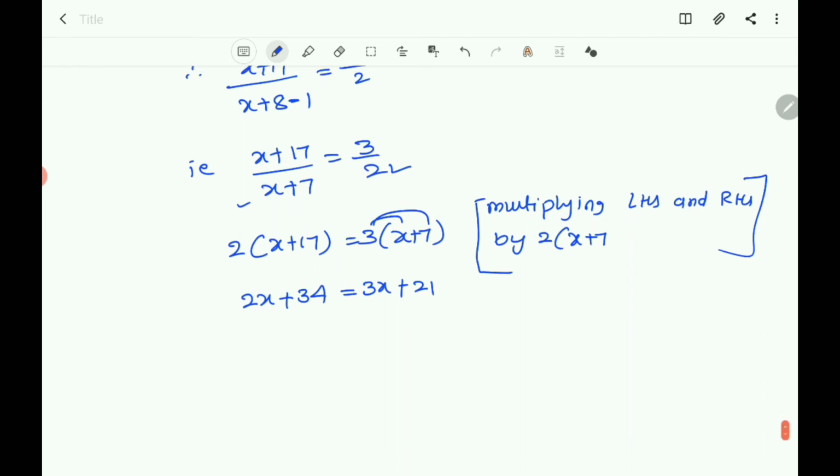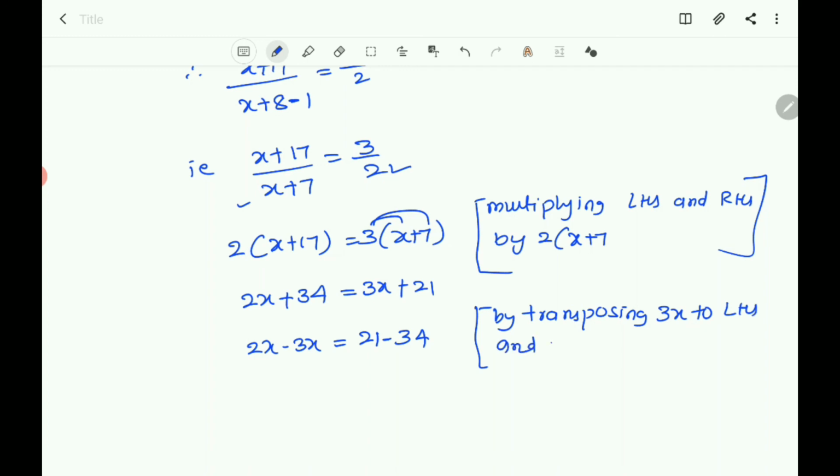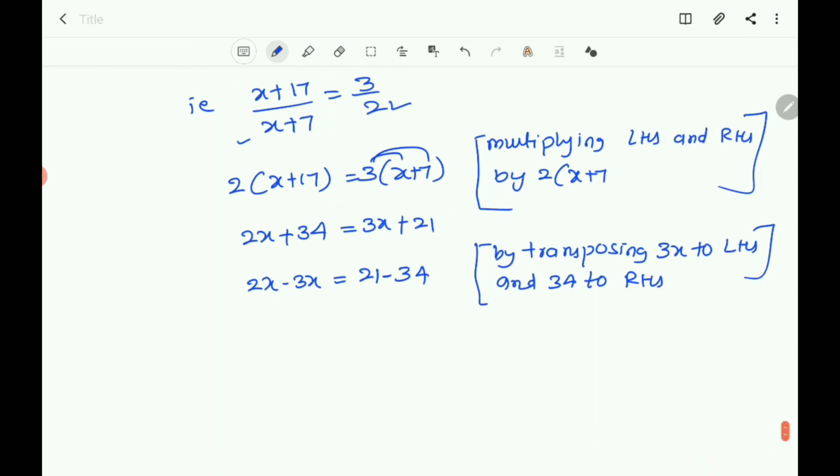Again here we have to transfer 3x to the LHS and 34 to the RHS. Then it becomes 2x minus 3x equals 21 minus 34. By transposing 3x to LHS and 34 to RHS, 2x minus 3x is minus 1x, equals 21 minus 34.